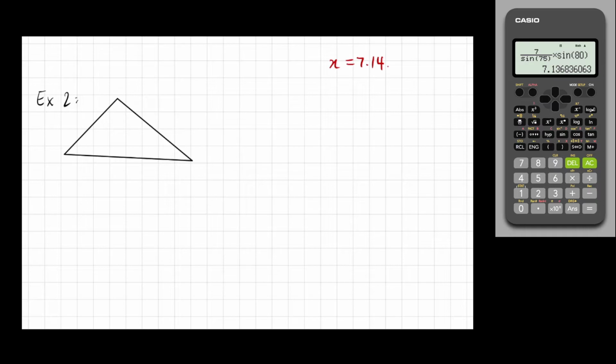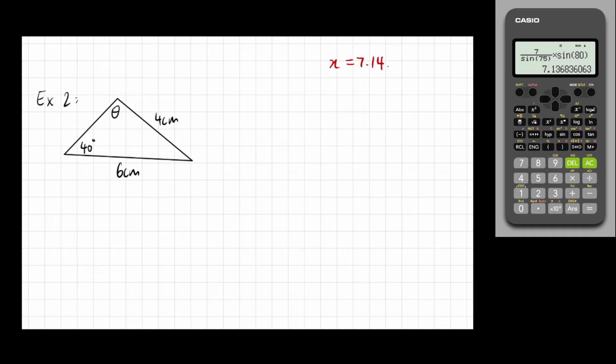Okay, 40 degrees, and it's going to be 6 centimeters down here and 4 centimeters down here. I'm going to leave some space on the right hand side because I want to show you something that you have to check every time you do a sine problem, especially when you're finding an angle, because there technically can be 2 solutions to this problem, okay?